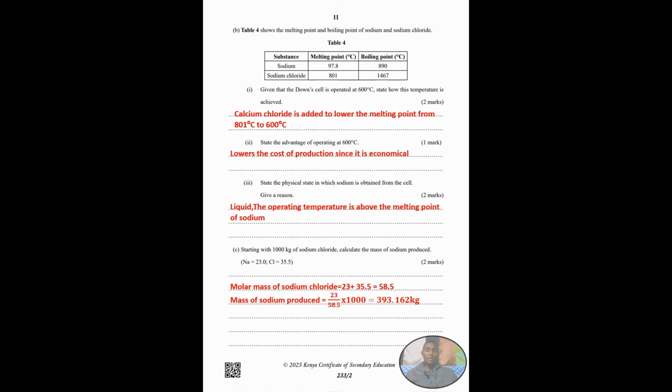Then we multiply by the 1,000, which is the total mass of sodium chloride, and we get the mass of sodium produced when 1,000 kilograms of sodium chloride is used. So this is the mass of sodium produced, 393.162 kilograms.